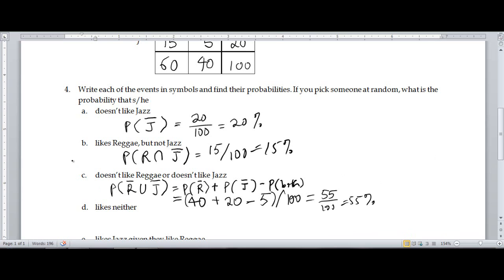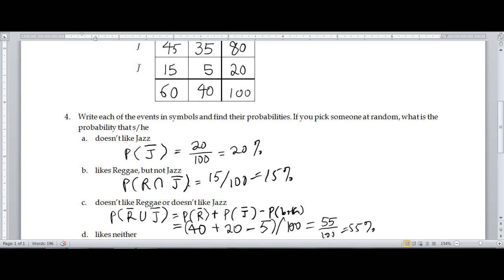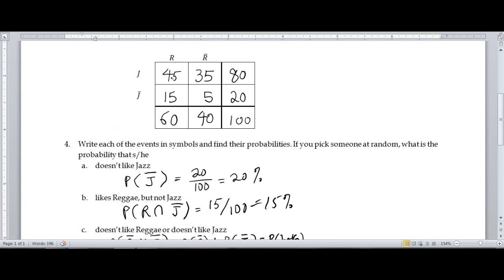Okay. You can do that this way, or you can just look at the cells. I'm looking at who doesn't like reggae, who doesn't like jazz. This row right here tells me who doesn't like reggae. This column right here tells me who doesn't like jazz.